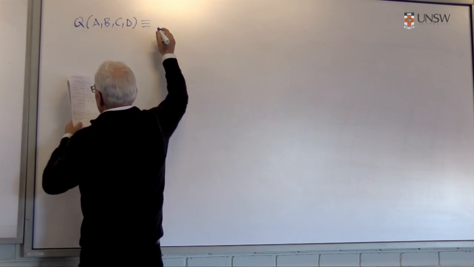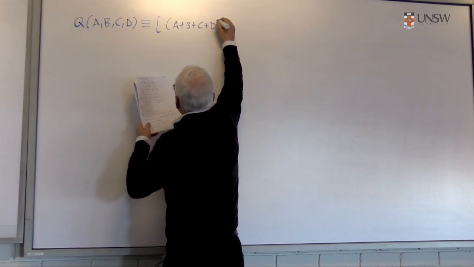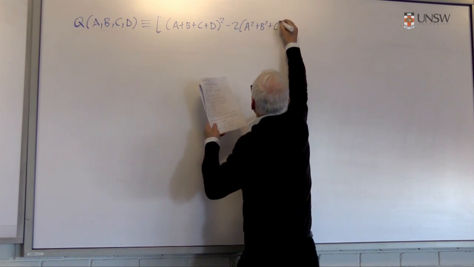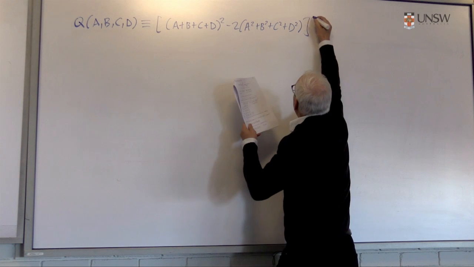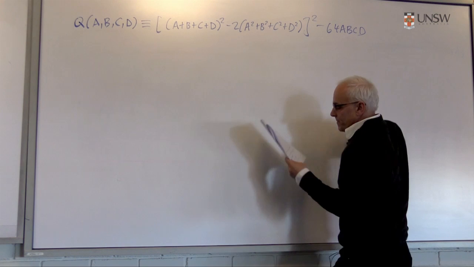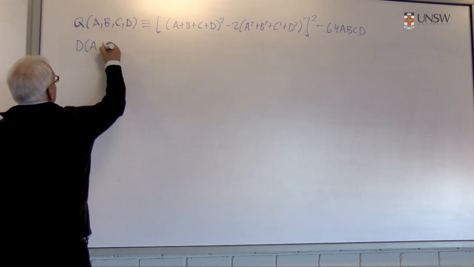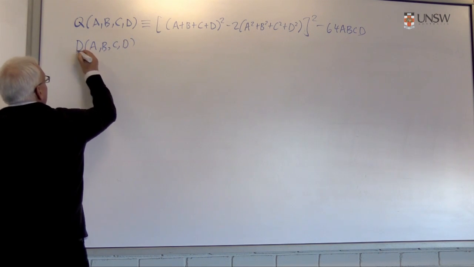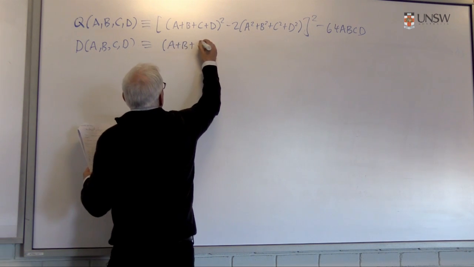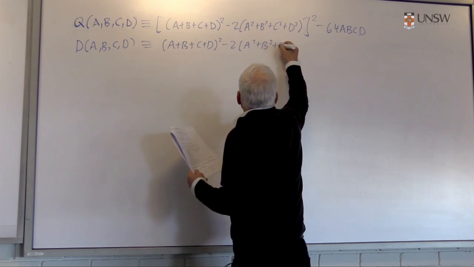Q of A, B, C, D will be (A plus B plus C plus D) all squared, minus 2 times (A squared plus B squared plus C squared plus D squared) all squared, minus 64 times the product A, B, C, D. And while I'm at it, I'm also going to define a curly D of A, B, C, D, which will just be the first part: (A plus B plus C plus D) squared minus 2 times (A squared plus B squared plus C squared plus D squared).